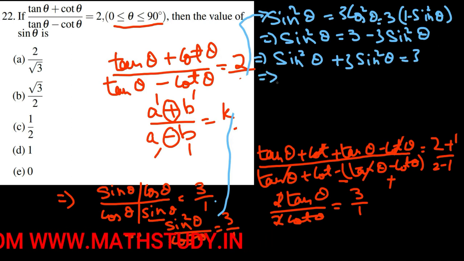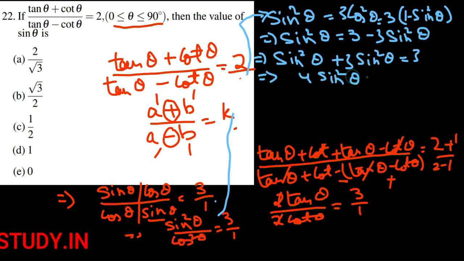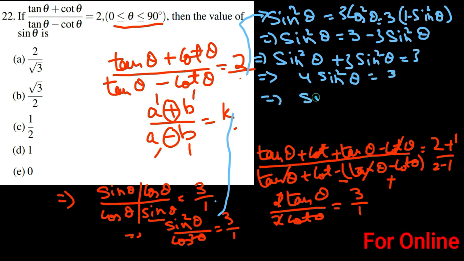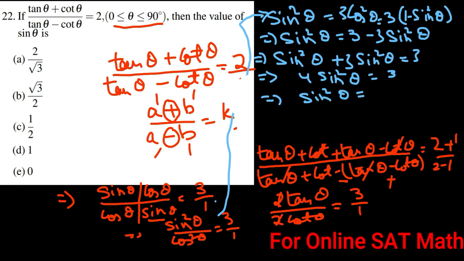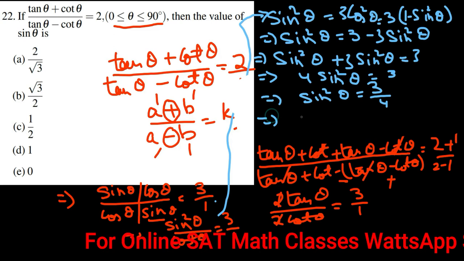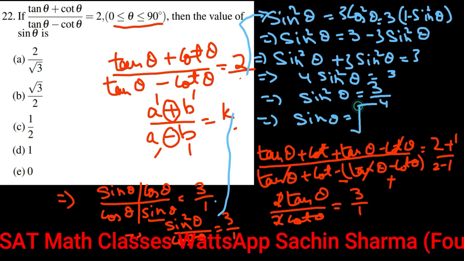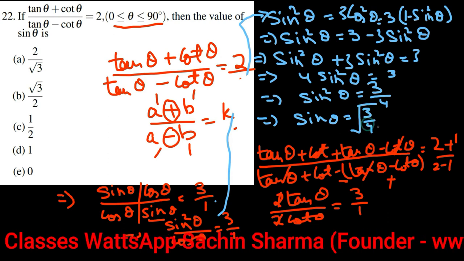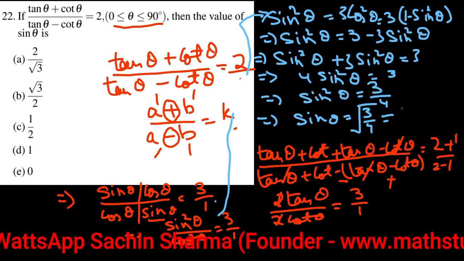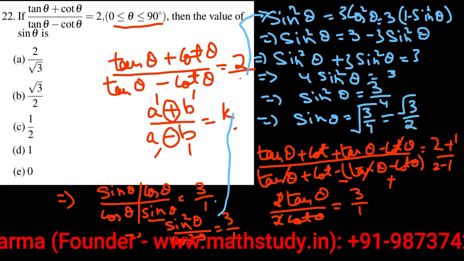So in the LHS it will become 4 sin square theta, 4 sin square theta is equal to 3. So this implies sin square theta equals 3 by 4, and this implies sin theta is equal to root over 3 by 4, which is equal to root 3 by 2, right?